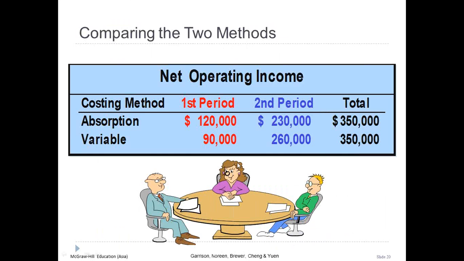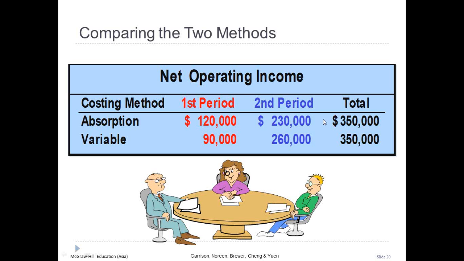So let's compare the two. In the first period, the net operating income was higher for absorption because we didn't sell all the units, we kept some in inventory. It was lower for variable.